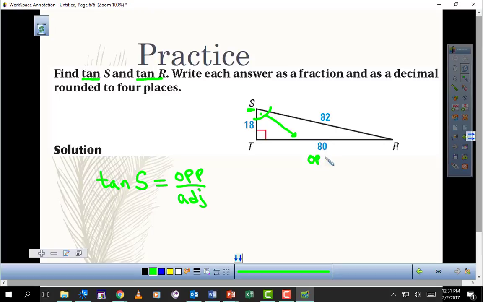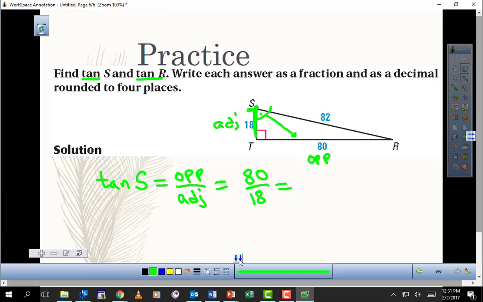So that's the opposite side. The adjacent side would be this one because it touches the angle. So this side would be the adjacent side. So if we wanted to find the tangent, it's equal to the opposite side over the adjacent. So in this case, it's equal to 80 divided by 18.